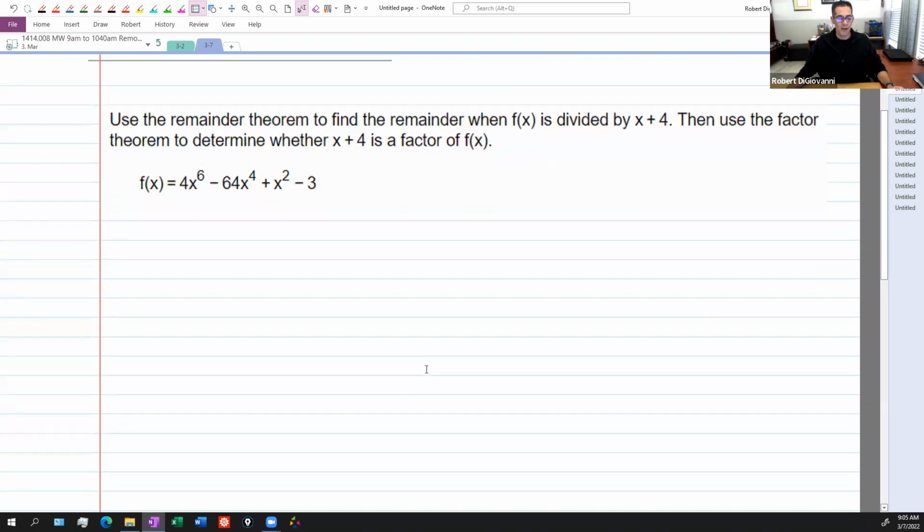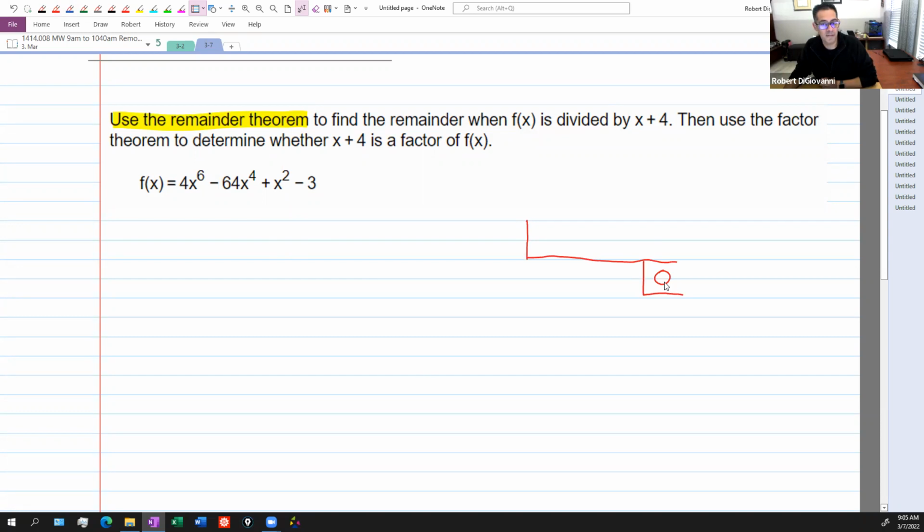So let's start off. If you need any clarification on what we did last time, please let me know as we're doing this, because I'm going to assume you understood what we did last time. It's up to you to stop me if you have no idea what I'm doing. There's some terminology in the instructions that I need to make sure you understand. It says here, use the remainder theorem. All that is, remember when we did synthetic division and we were hoping to get a 0 at the end?